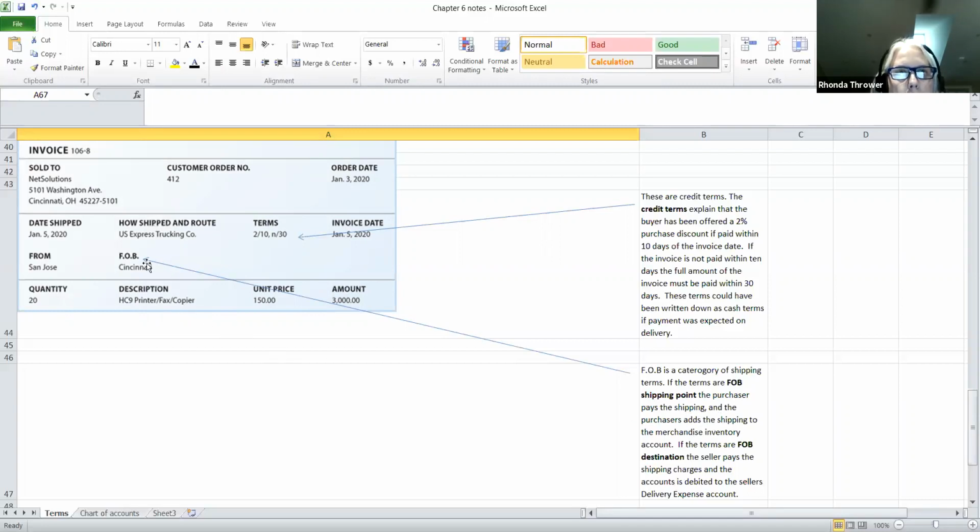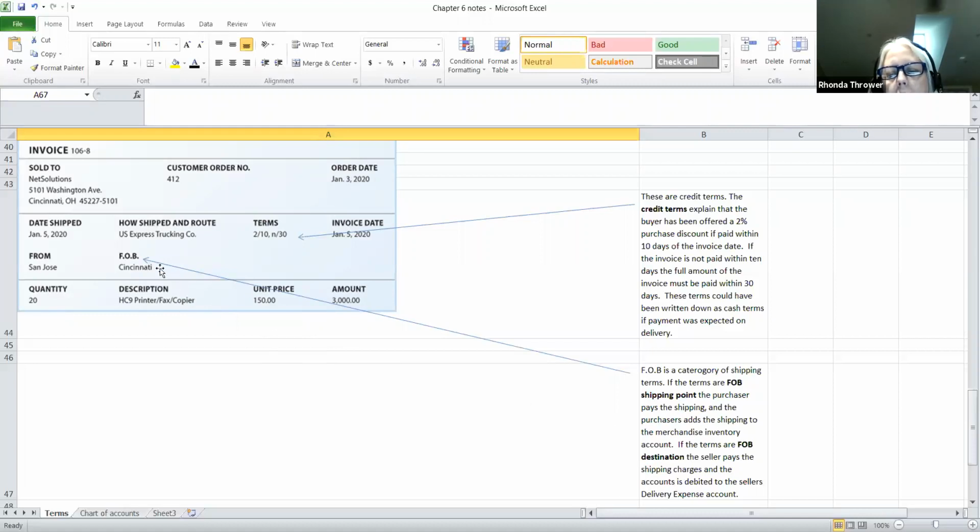So if we had terms here that said FOB shipping point, then we know from that term that the buyer is willing to pay the shipping and the buyer is just going to add it back to the cost of the merchandise inventory. So what they're going to end up doing is debiting the merchandise inventory for the amount of the shipping. The buyer debits the merchandise inventory if it's FOB shipping point.